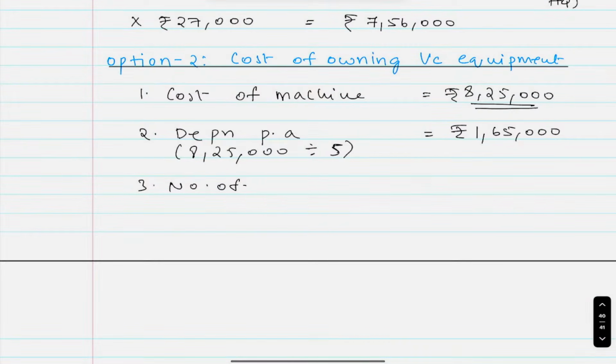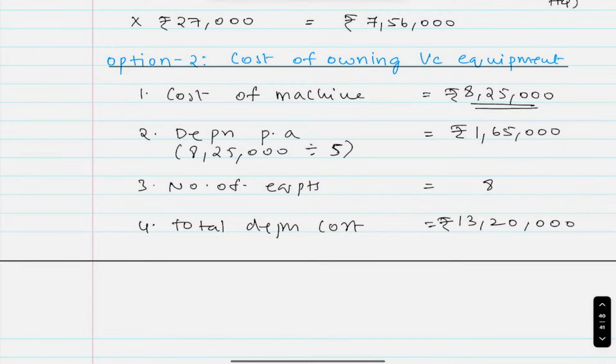Number of equipment 8. Total depreciation cost: 1,65,000 into 8. Tell. 13,20,000. This is the depreciation cost.